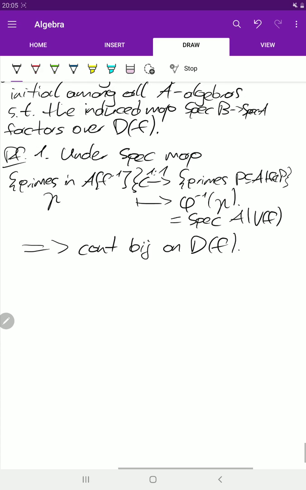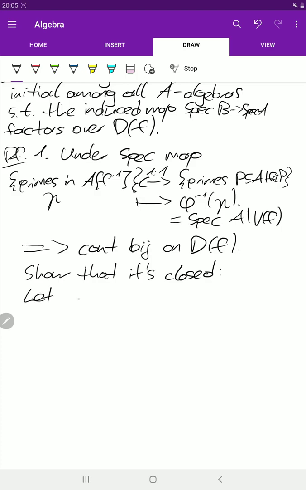And we have to show that it's a homeomorphism onto the image. So what we want to show is that it's closed as a map onto the image. Okay, so let's show that it's closed.